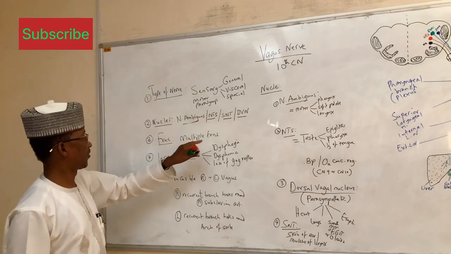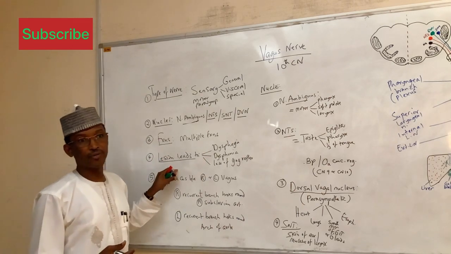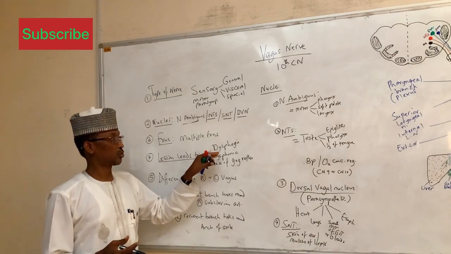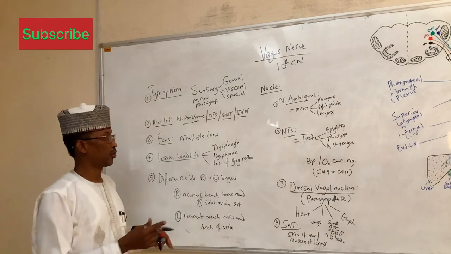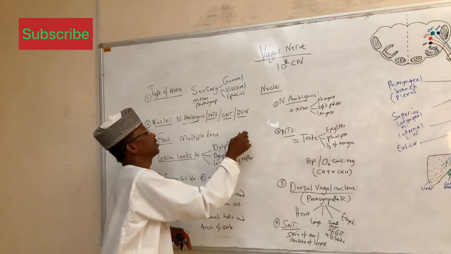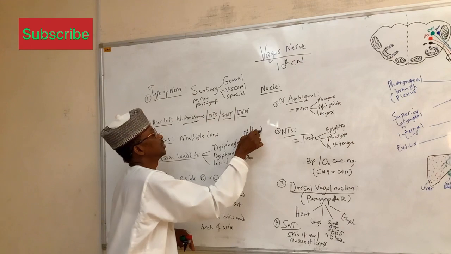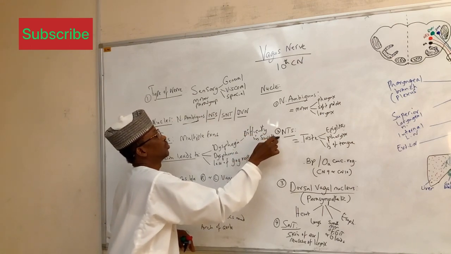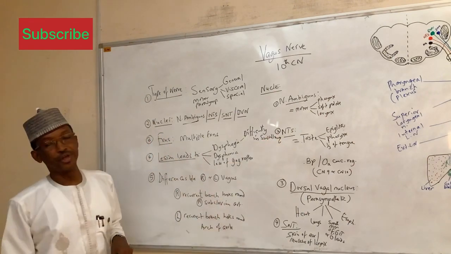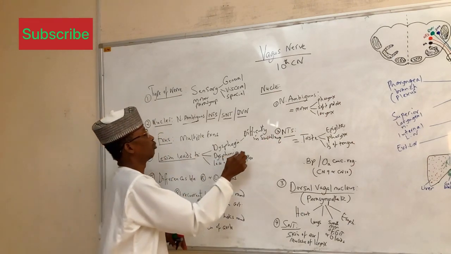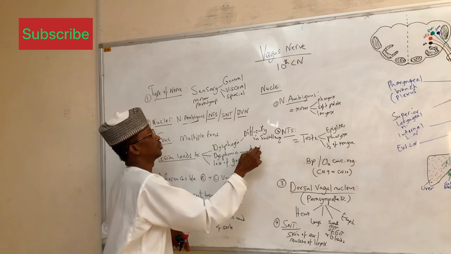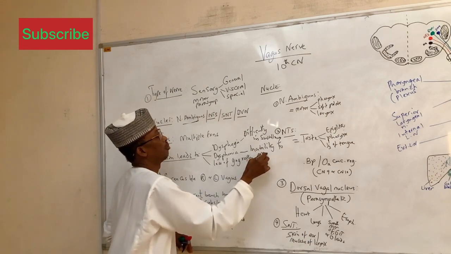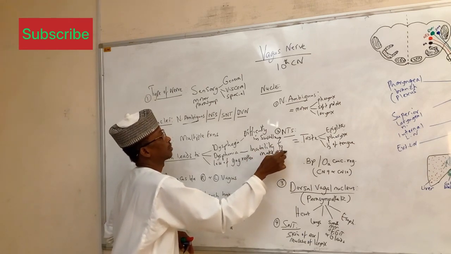So it has multiple functions, and if a lesion of the vagus nerve happens, majorly there's what we call dysphagia. That means difficulty in swallowing. There's also what we call dysphonia, that is inability or difficulty to speak, inability to make phonation.